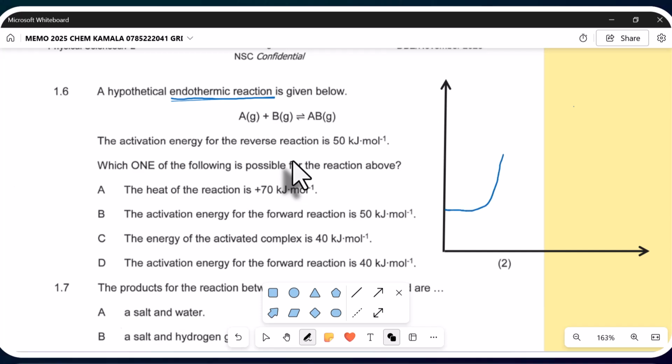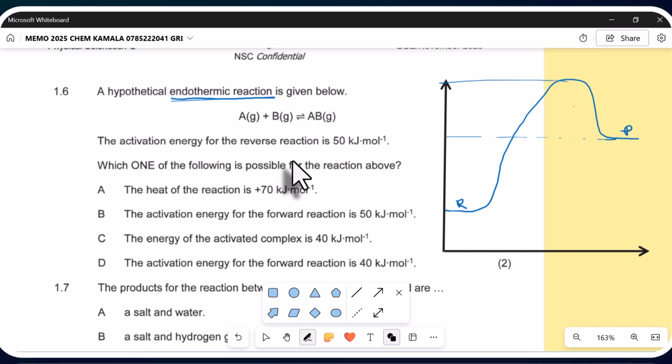Now they're saying here that the activation energy for the reverse reaction is 50. Activation energy is the minimum energy to form the activated complex. Because it is a reverse reaction, we start from the products, meaning from here up to here, this portion is 50.